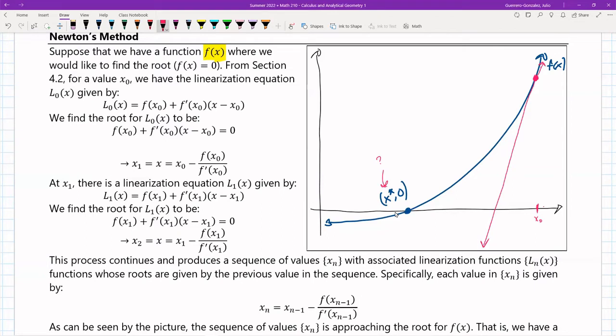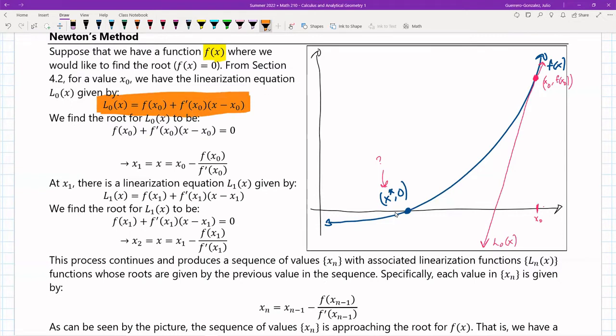So this point right here is x0, comma, f of x0. It's the x and the y value. And that line is the tangent line approximation. So I'm going to call this L0 of x. It's given by this formula right here.